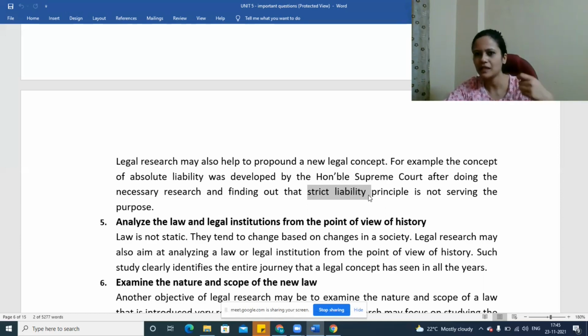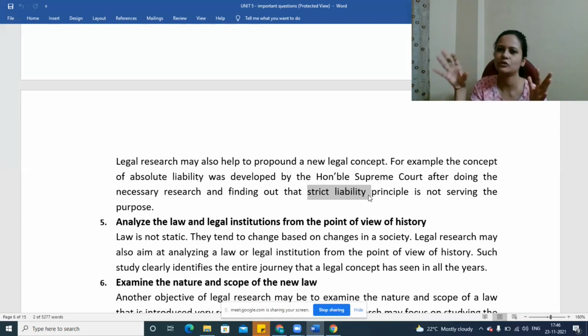To run that mill, he needed electricity, and for that he wanted to store water in a very huge quantity. So he stored water, and the water escaped to his neighbor's premises. The neighbor was also having a mines business, so it caused him heavy loss. The neighbor filed a case against him saying that because water escaped from your premises and caused loss to me, you are strictly liable.